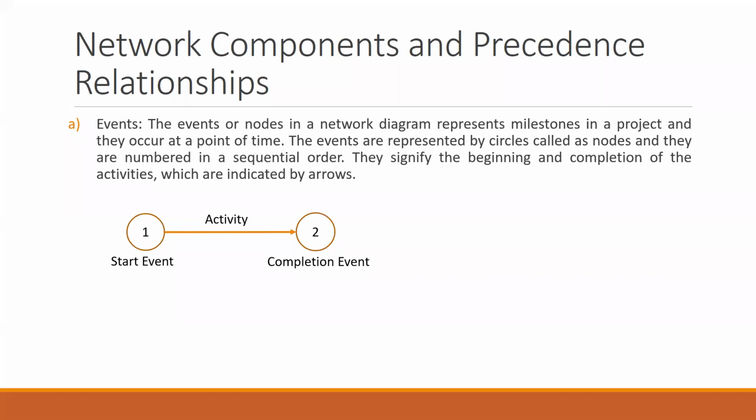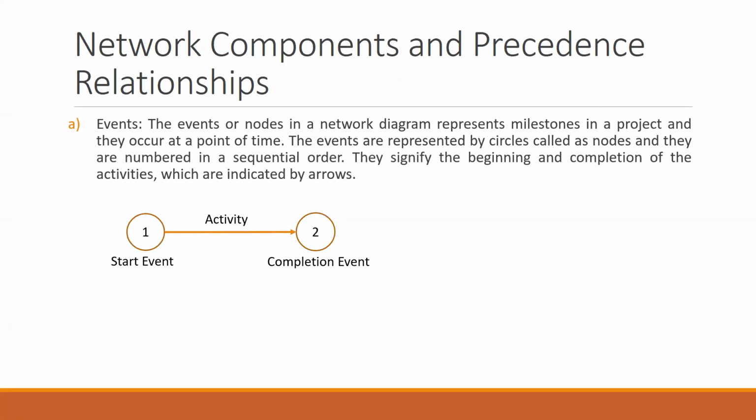Now, we can have more than one activity which starts from the same event. There can be multiple activities starting from the first node itself. Here I want to say event; I'll be using the word node or event interchangeably, so when I say node, I am referring to events.